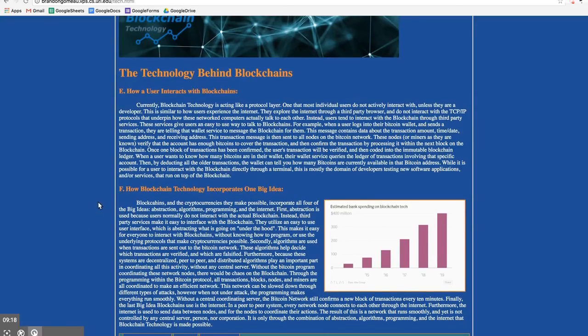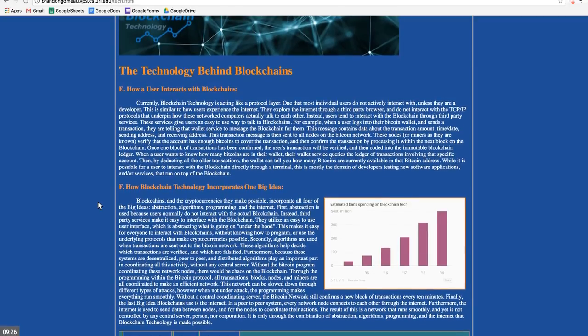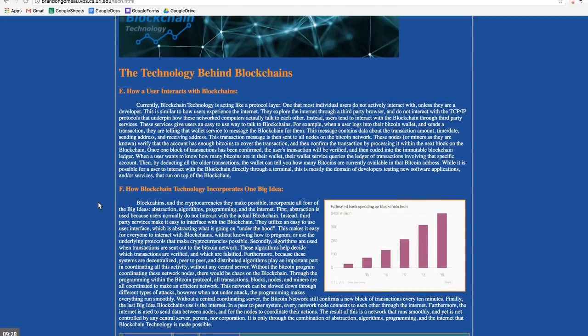For F, how blockchain technology incorporates the four big ideas of abstraction, algorithms, programming, and the internet. It actually uses all four, and all four are key to its creation and success. Abstraction is in the layering of the protocols, the third-party services, and the indirect interface with the blockchain.